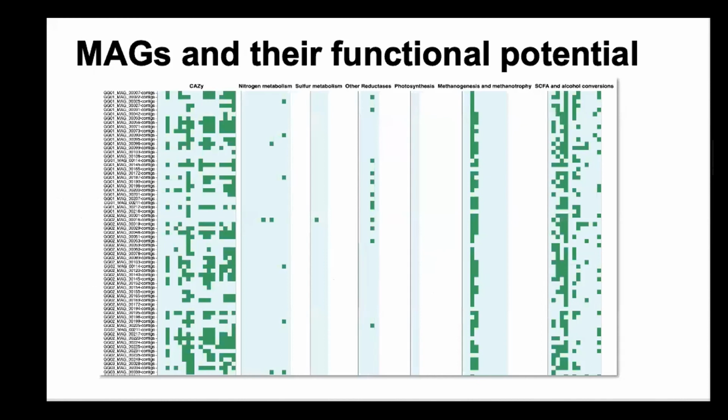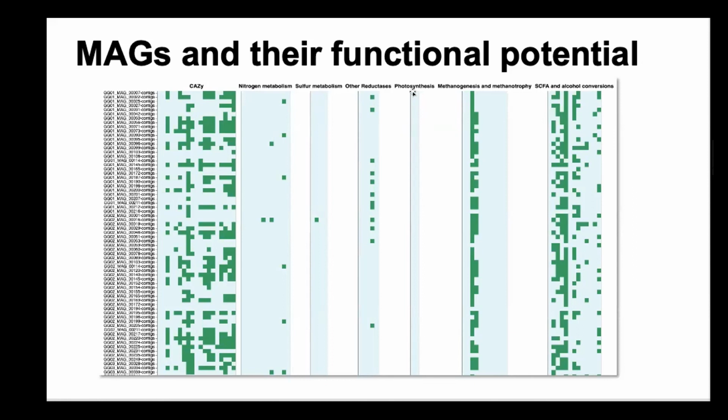Looking at the very big picture, we took every single bacterial population that we have assembled, and this is only a small subset of it, and we blasted it against every database that we could download, from carbohydrate metabolism, nitrogen metabolism, and sulfur metabolism, all the way to short chain fatty acids and alcohol conversions.